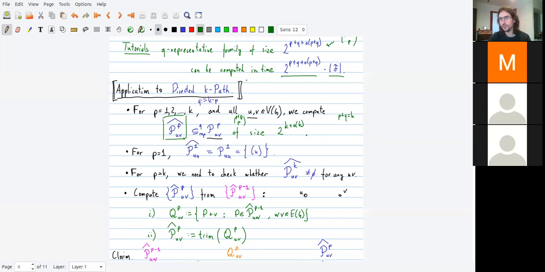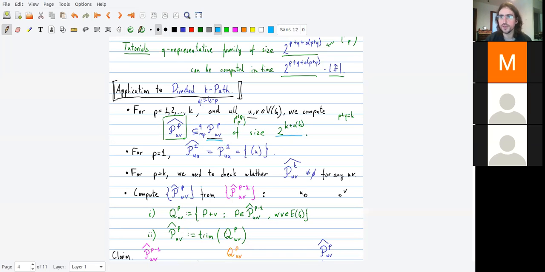We will actually compute using this approach a slightly larger family, namely, we will find a family of size roughly 2 to the k plus small o of k. So the answer to your question is that instead of storing the whole family P_uvp, we will store only its representative subfamily.